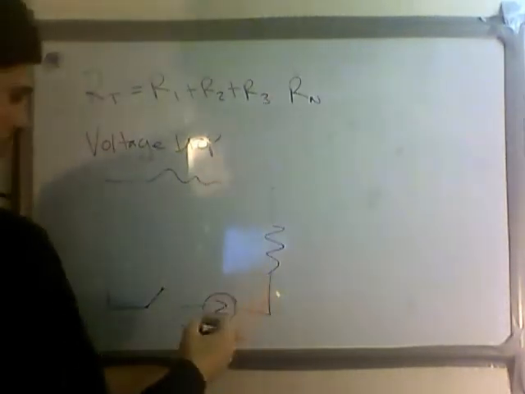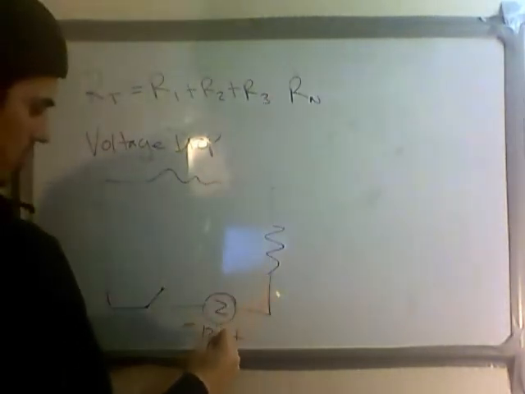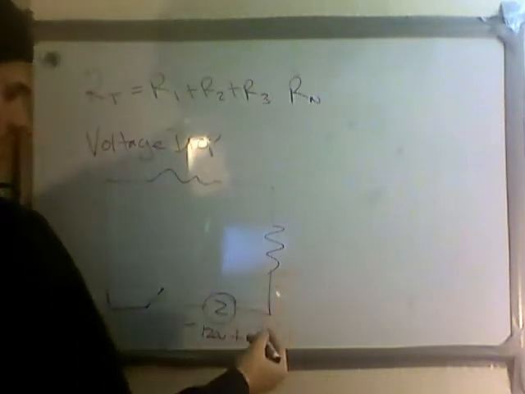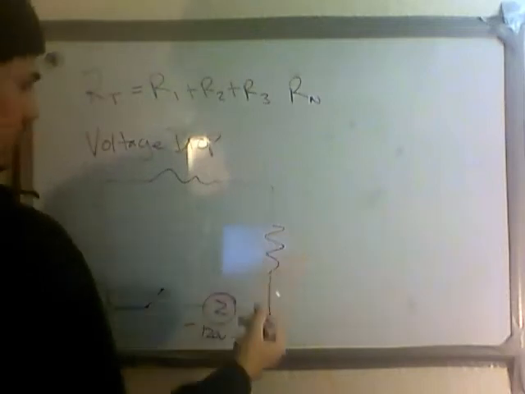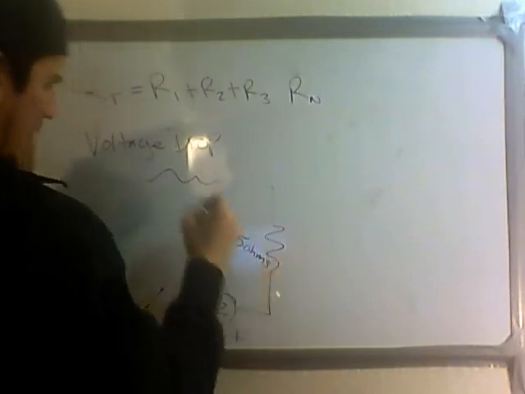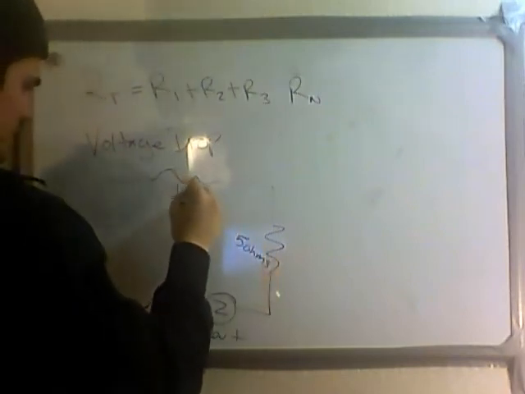So if this was a 120 volt power supply, let's say this load had 5 ohms, and this load had a resistance of 10 ohms.